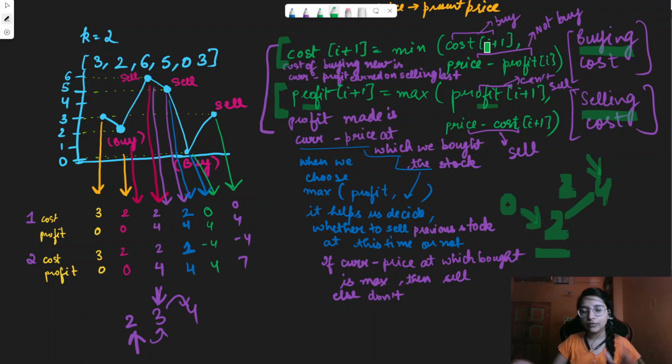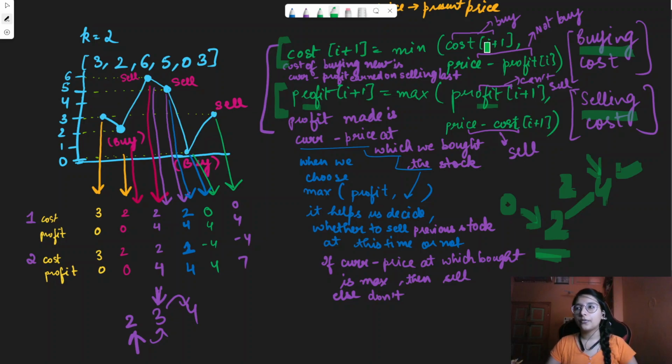So out of both of them, what is greater? Our profit for selling that particular stock is basically greater only, right? So that's why we will be selling that stock when our price becomes 4. So that's why we will be selling at this point.